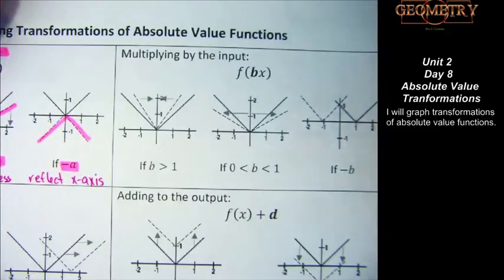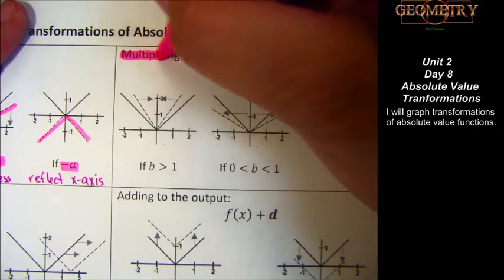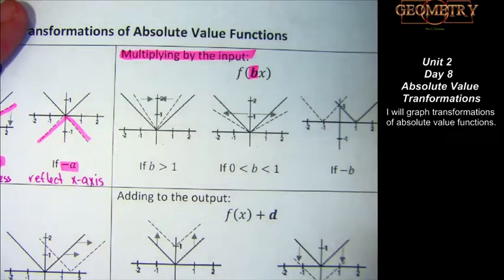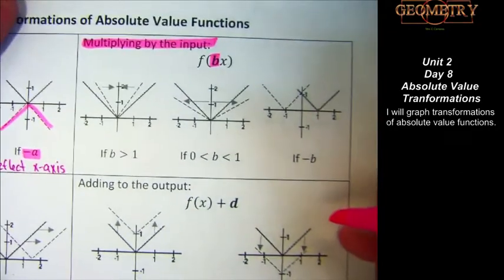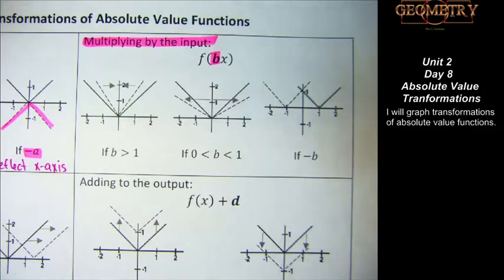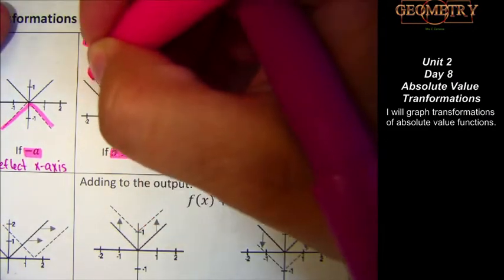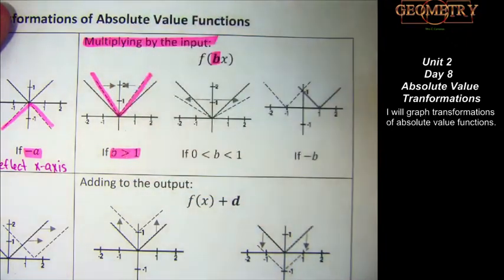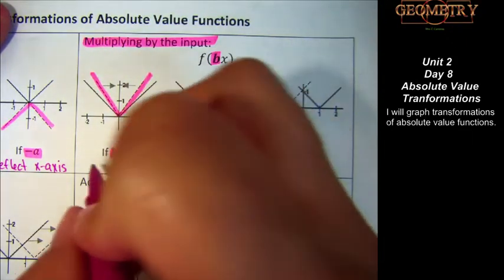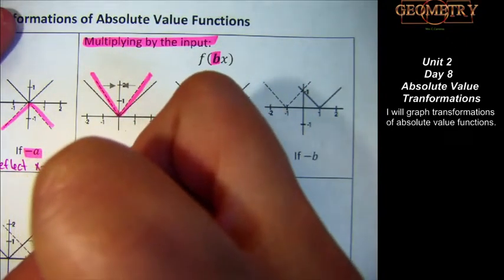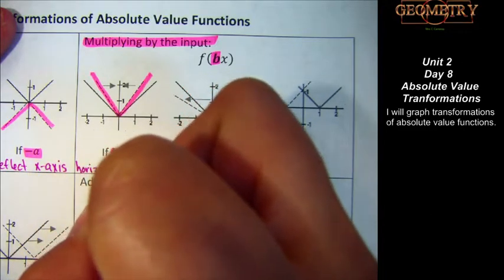Like we did with the lines, we were able to multiply the input by some value, and we can do the same thing with the absolute value function. We can multiply the input, the stuff inside the absolute value, before we take it. If the number we're multiplying inside the function is bigger than 1, we have some sort of horizontal compression.